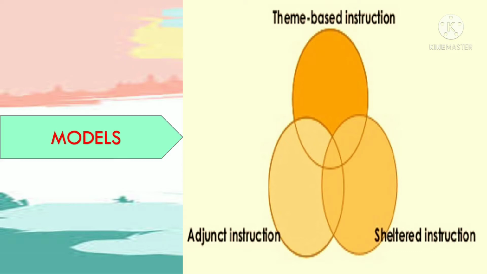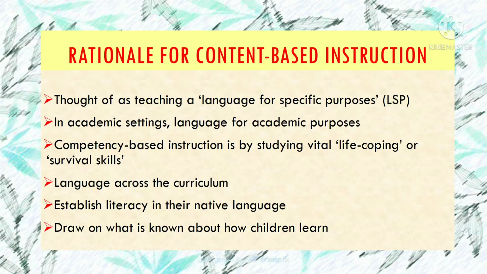The second one is adjunct instruction, which means that coordination between content and language teachers is essential. The role of the teacher here is to be familiar with the content material. The last one is sheltered instruction, focused on learning content, with possible team teaching with a language professional, and used in bilingual schools. The role of the teacher here is subject matter teacher.